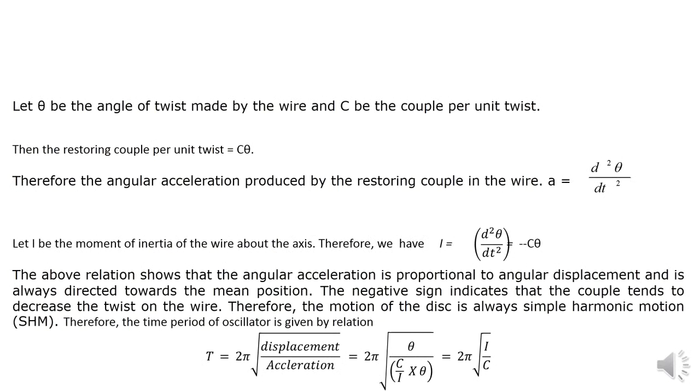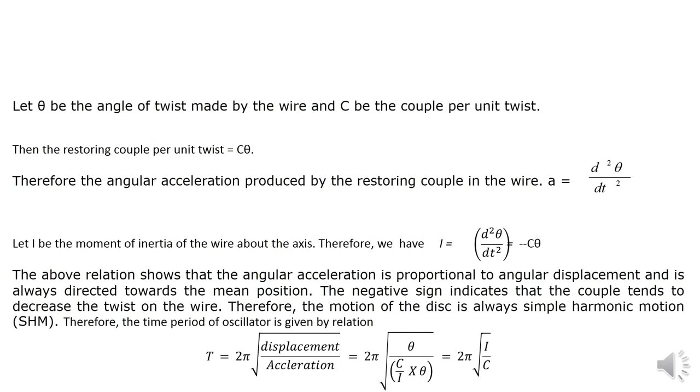Therefore, the angular acceleration produced by the restoring couple in the wire, denoted by alpha, is equal to d squared theta by dt squared. Let I be the moment of inertia of the disc about the axis. Therefore, we have I d squared theta by dt squared equal to minus C theta.